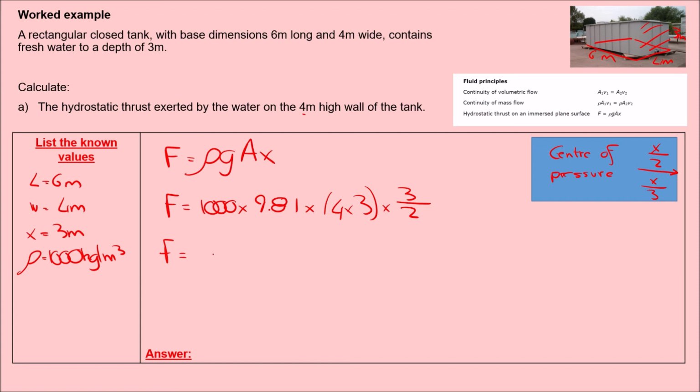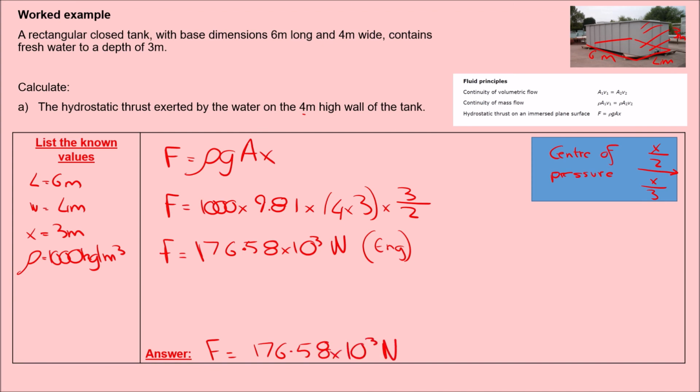So force is equal to, and I'll give you a second to pop that in your calculator. Force is equal to 176.58 times 10 to the 3 newtons. Again, hitting the ENG button on your calculator will get you in standard form. So force equals 176.58 times 10 to the 3 newtons.